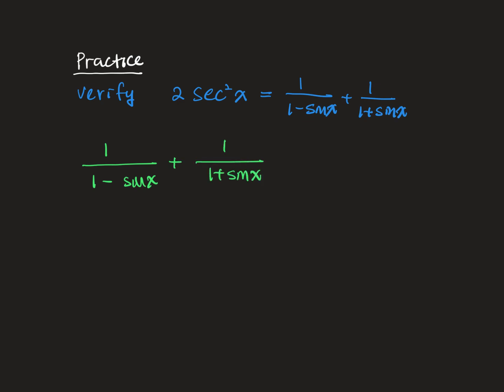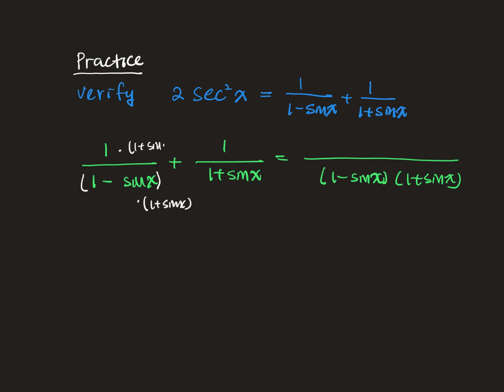So how can we simplify this one first? Use the same denominator: 1 minus sine x, 1 plus sine x. So what did you do? For the first fraction, you multiply by 1 plus sine x. For the second one, you multiply by 1 minus sine x.